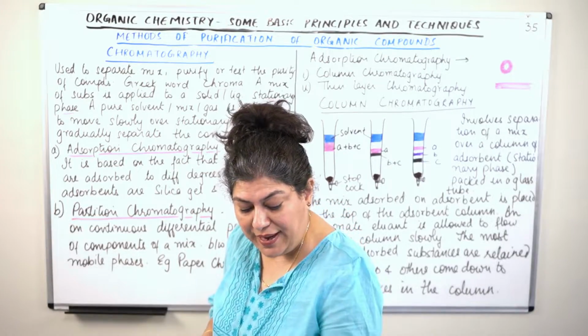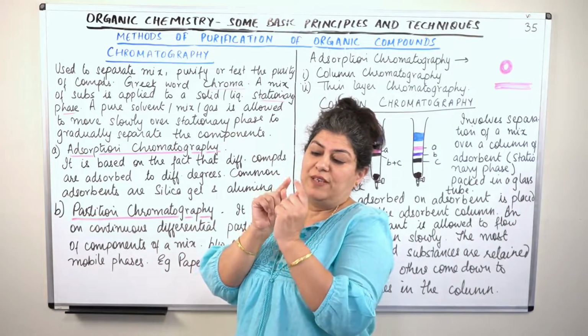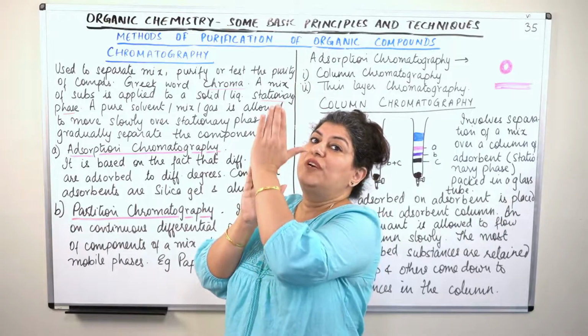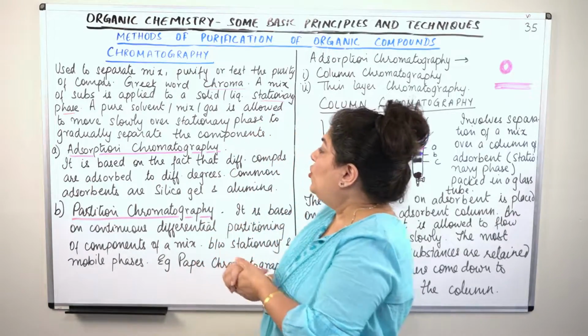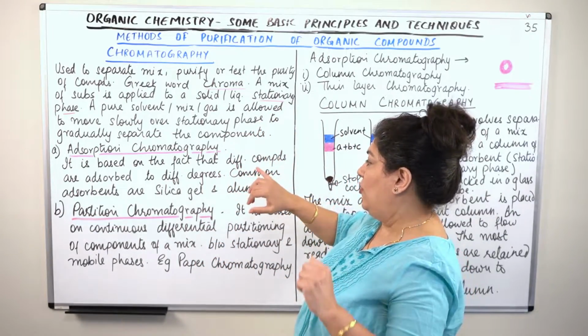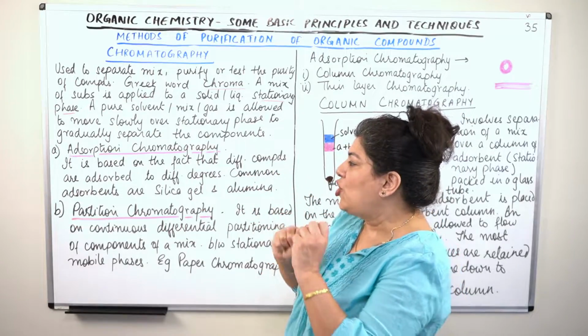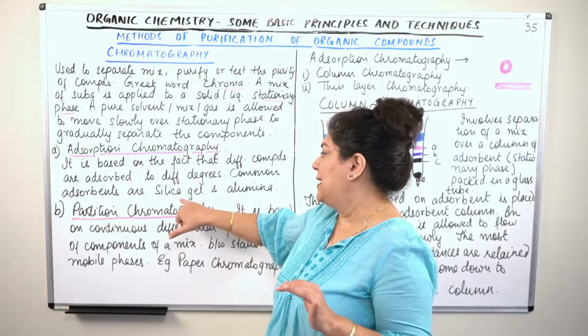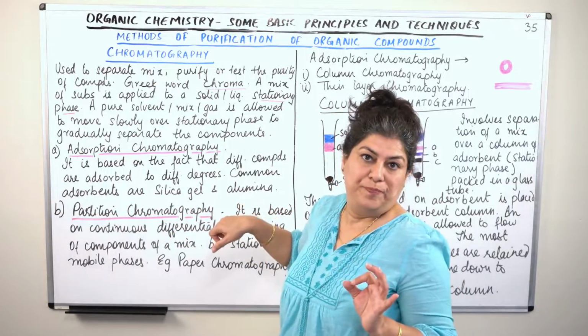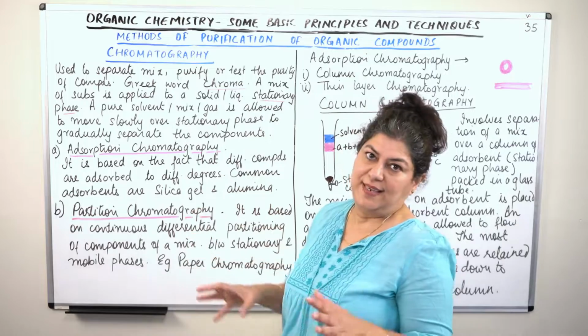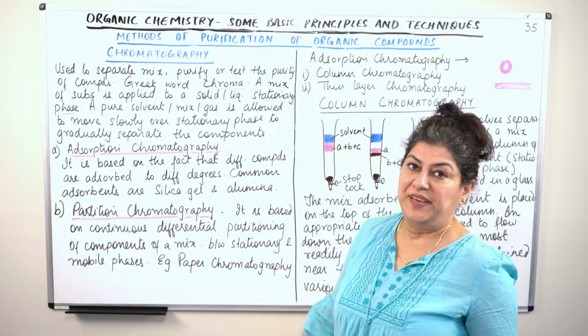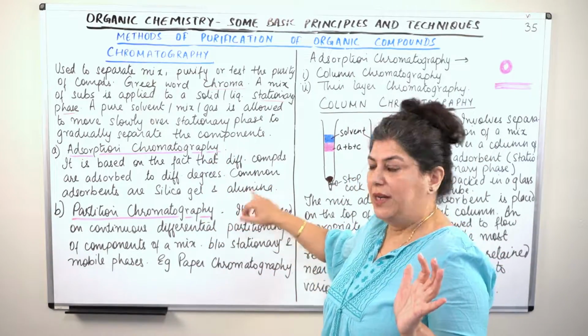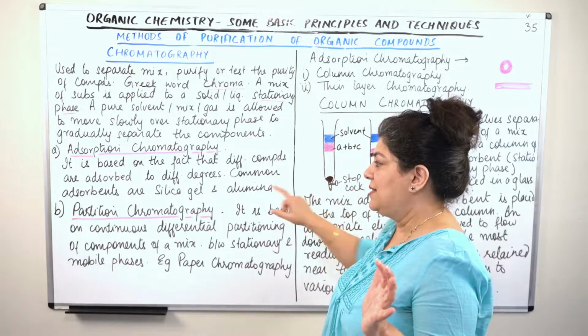Or if I had used ink and water, the ink would have traveled less and the water would have risen still higher. So it is based on the fact that different compounds are adsorbed to different degrees. Common adsorbents that are used in this case are silica gel and alumina. Normally, the stationary phase that is used for adsorption chromatography is silica gel and alumina. We'll be doing one of these here.